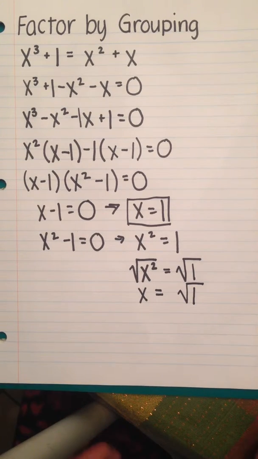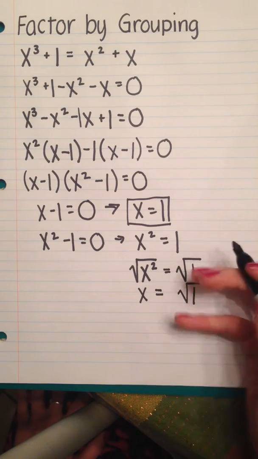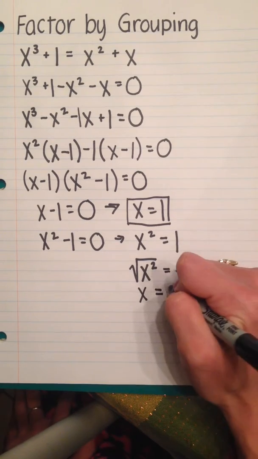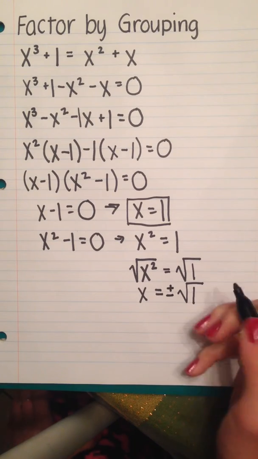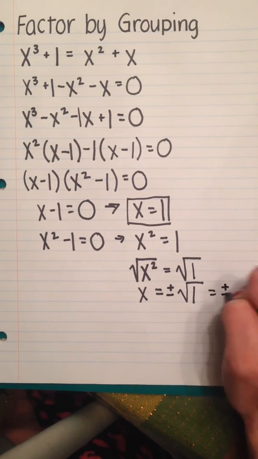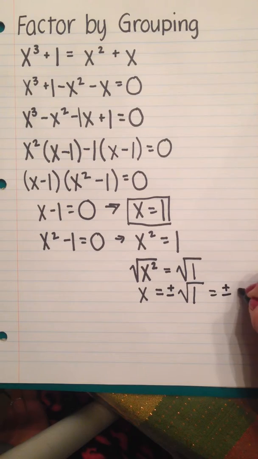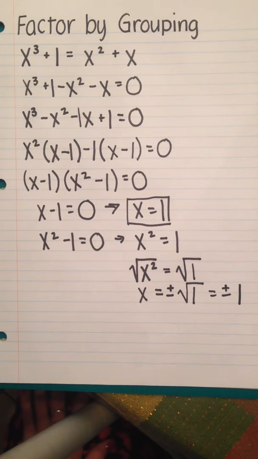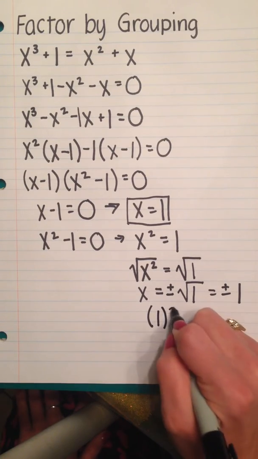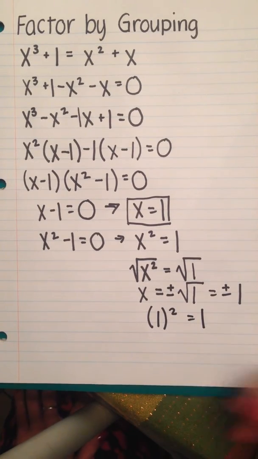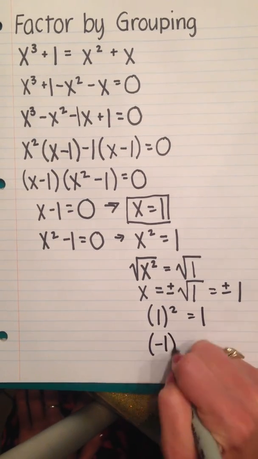But there's something very important that you have to remember. Whenever you take the square root of a number, you always have to remember to include the positive and the negative. Because we know that the square root of 1 is 1, so plus or minus 1. We know that 1 squared is the same thing as negative 1 squared.